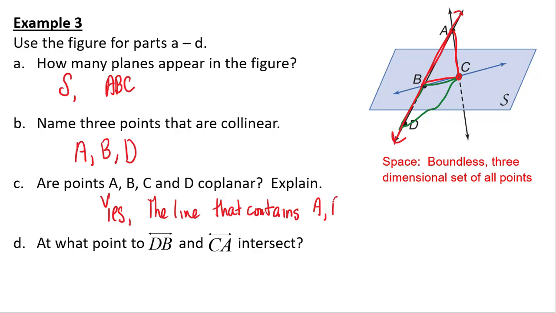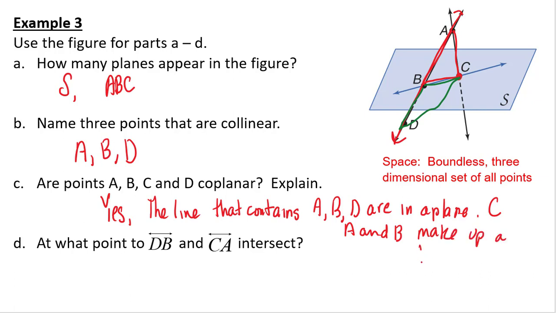The line contains A, B, and D, which are in a plane by that theorem that we just talked about. And C, A, and B make up a plane.